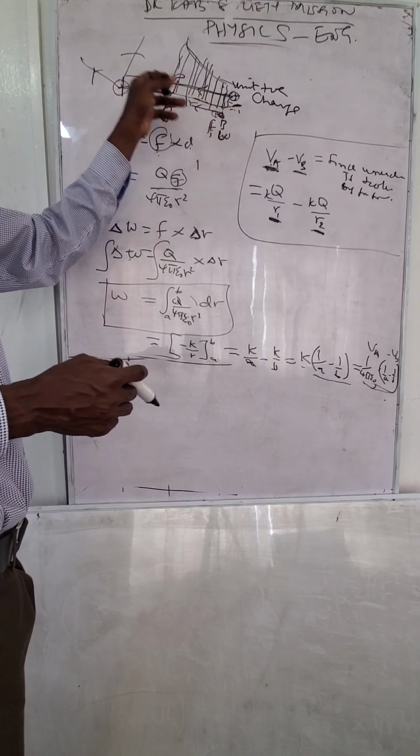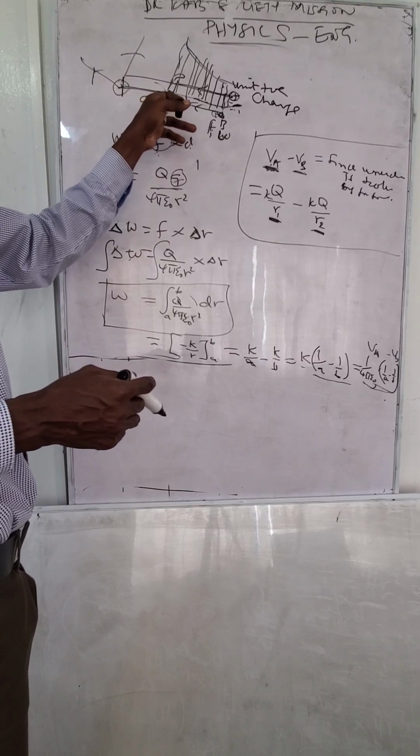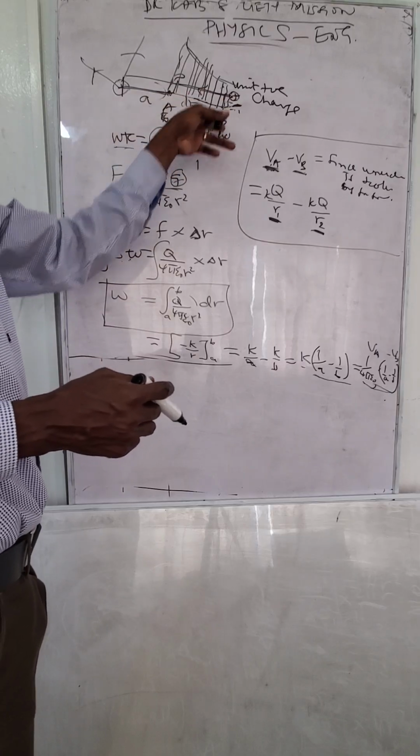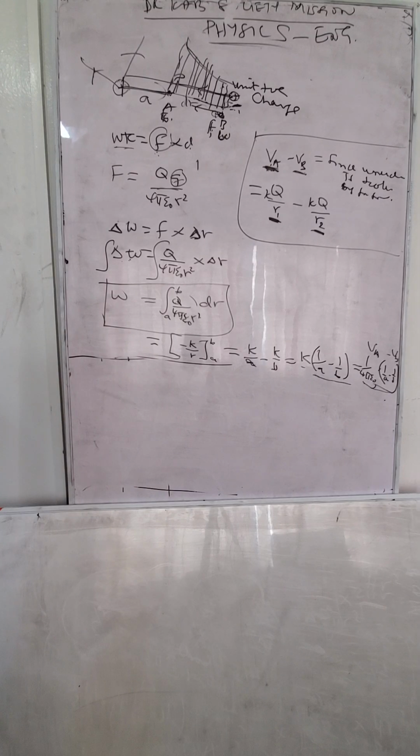And that is why, in finding the difference, the potential here minus the potential here gives you the work done. That is for work done. But the potential at the place is by reference, and we can look at it in that sense.